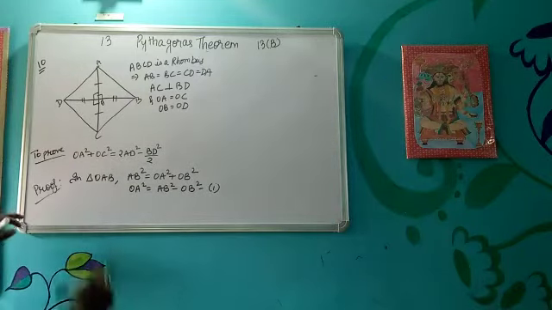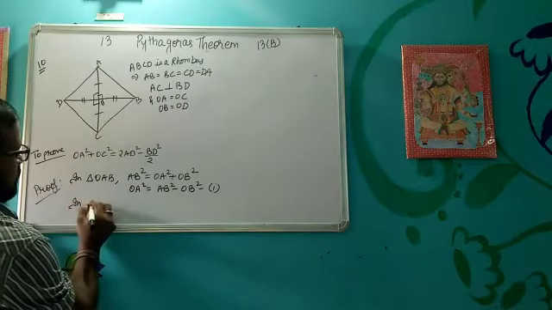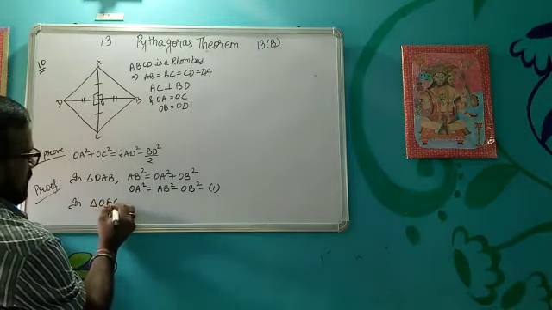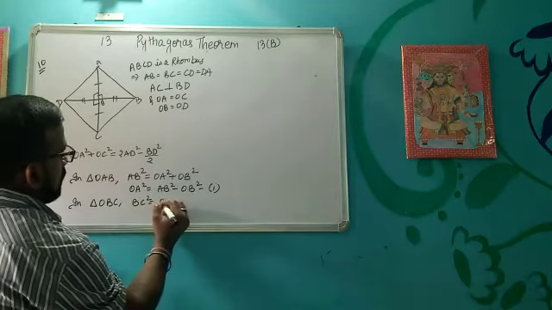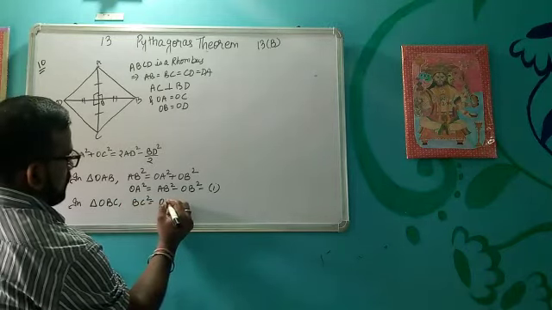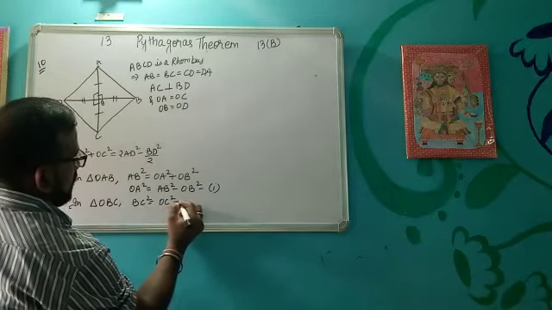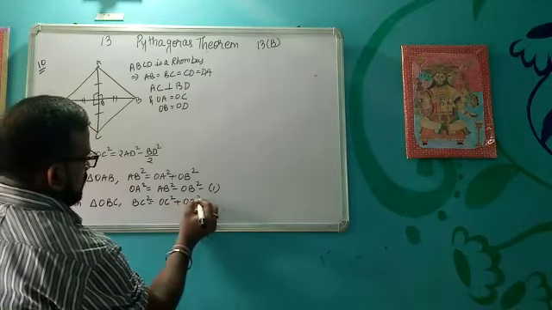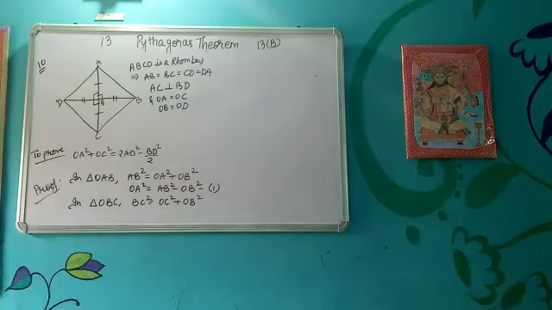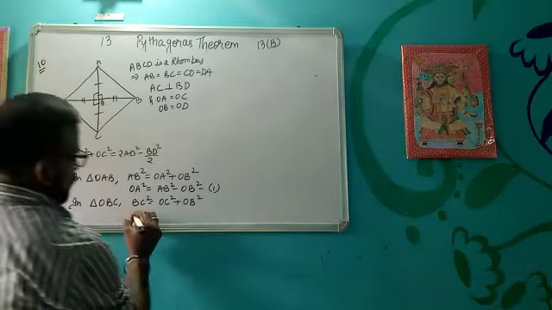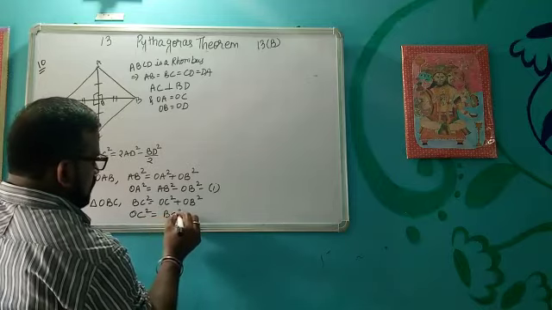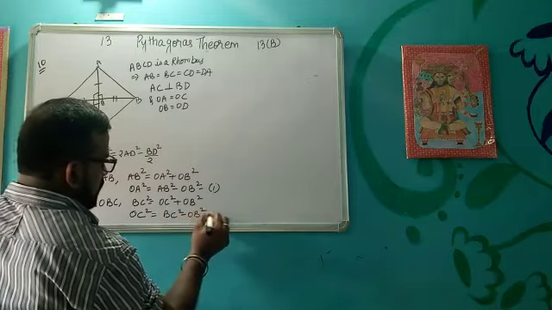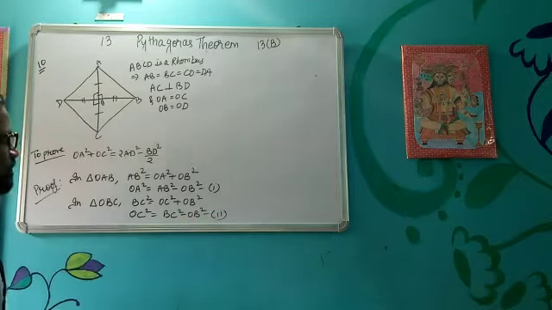Then what we need? OC. So in triangle OBC, BC square is equal to OC square plus OB square. So what we need is OC, so I will take OC square equal to BC square minus OB square. This is my second equation.